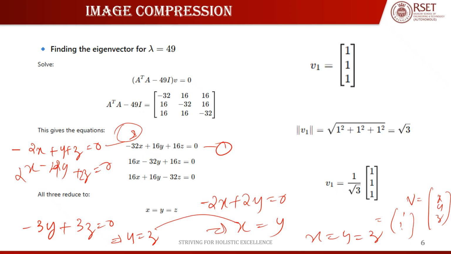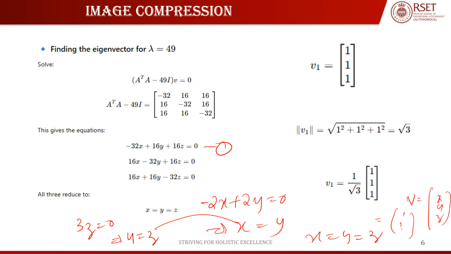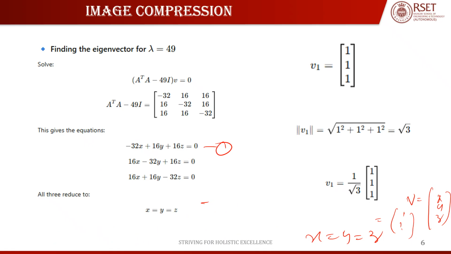So that is your eigenvector, and your eigenvector should always be normalized. If you have v equal to 1, 1, 1, to normalize it, divide it by the square root of 1 square plus 1 square plus 1 square, which is equal to 3. So I'll just divide it by root 3 and get this one.